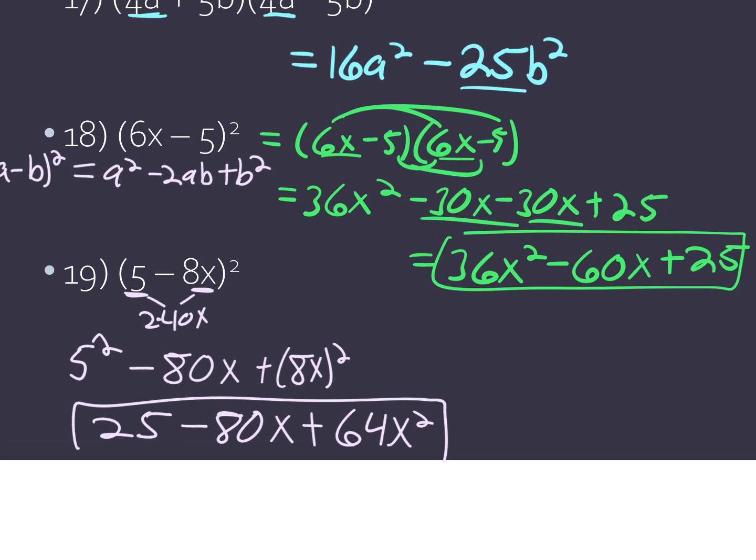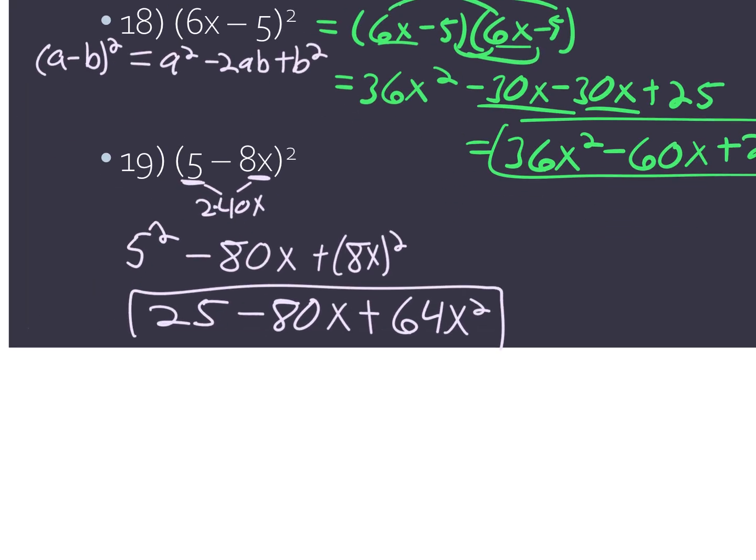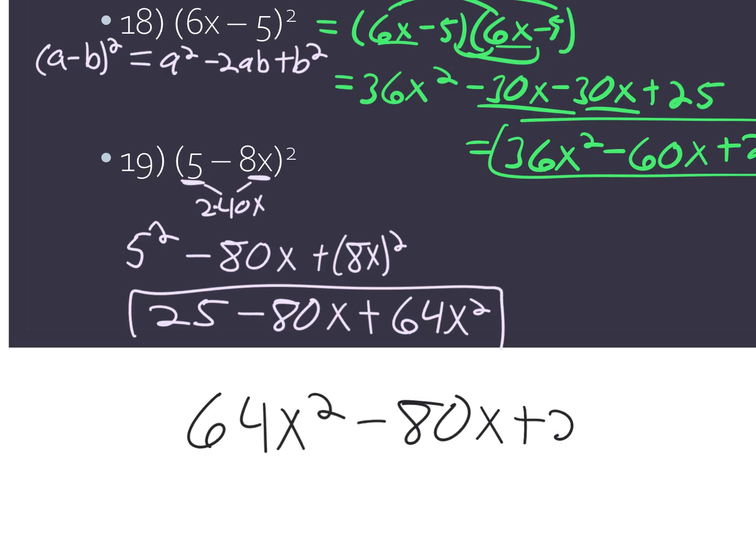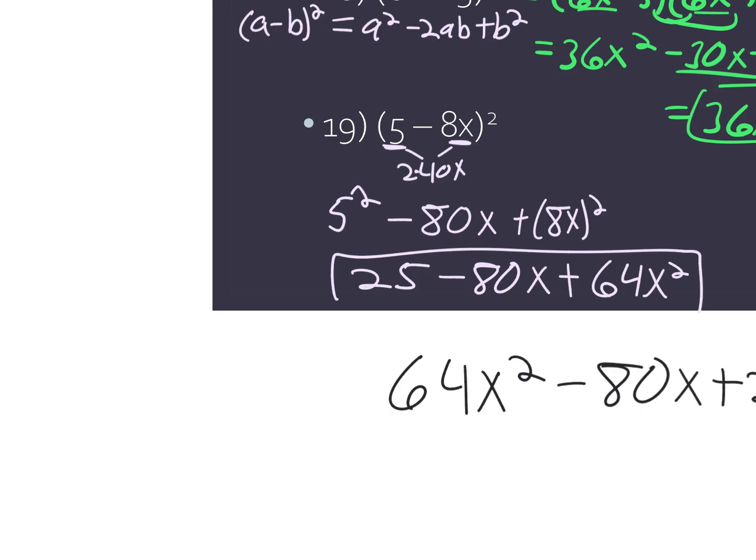And that's a good point, right? So maybe you want to write it as 64x squared minus 80x plus 25, right? That's also perfectly fine. One thing to note, this right here is in standard form.